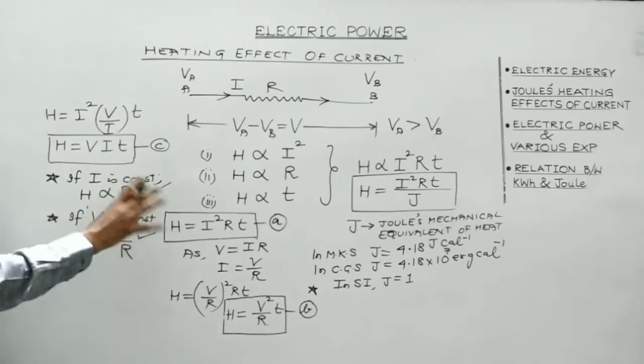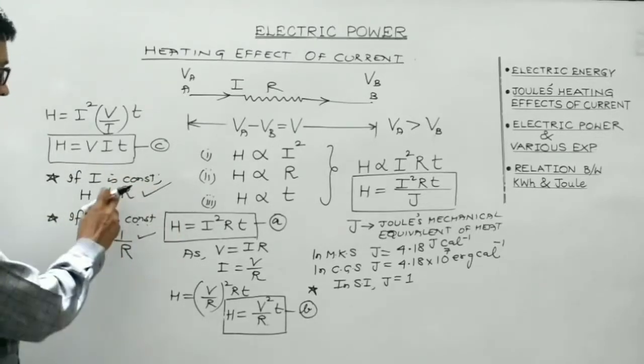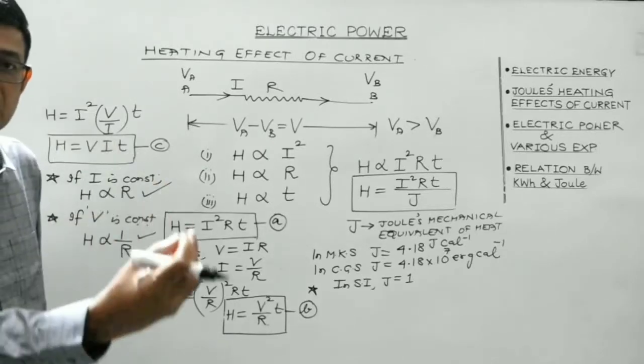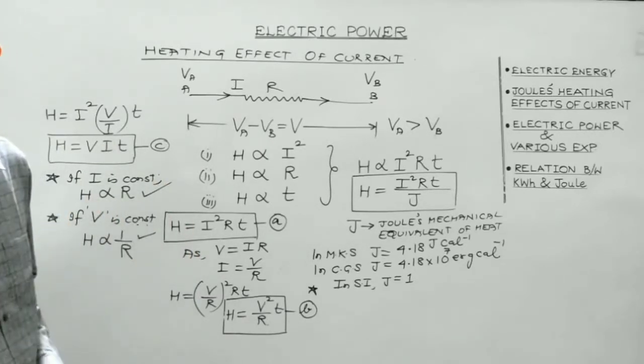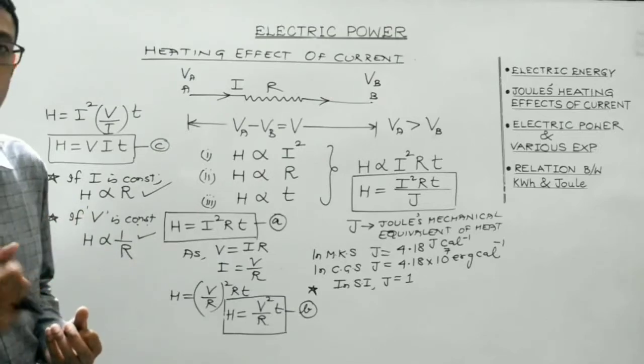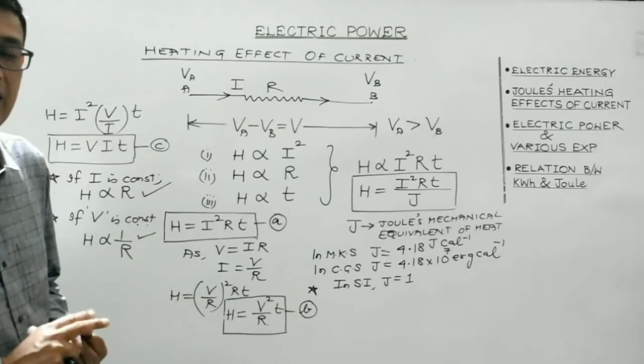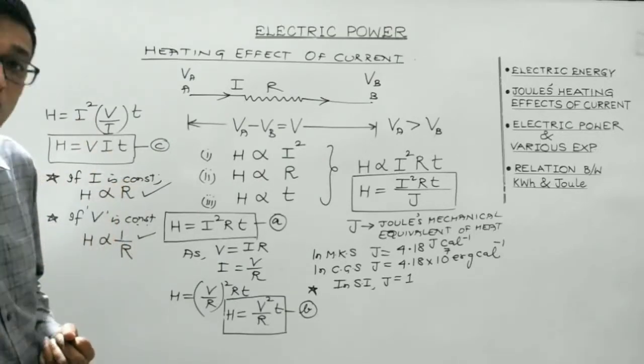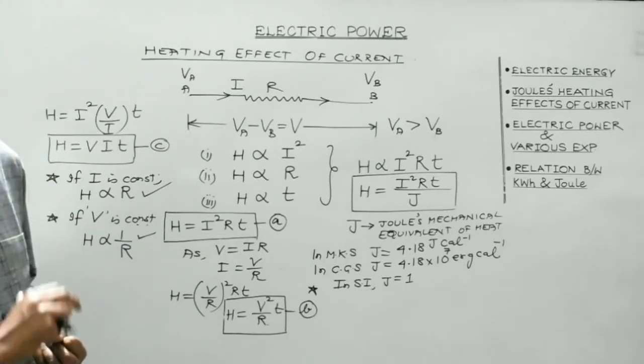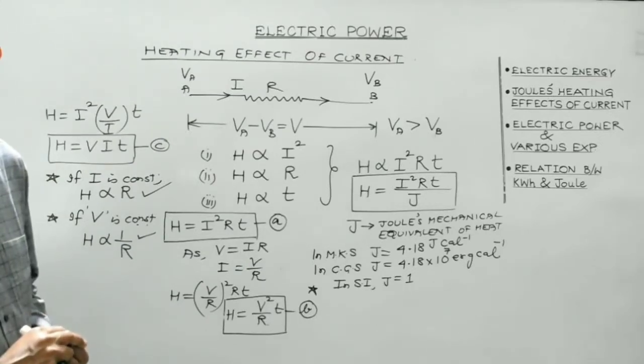So they are not contradicting each other. They are satisfied under different conditions. H is proportional to R only when current is constant, and H is inversely proportional to R only if the potential difference is constant. Clear, students?